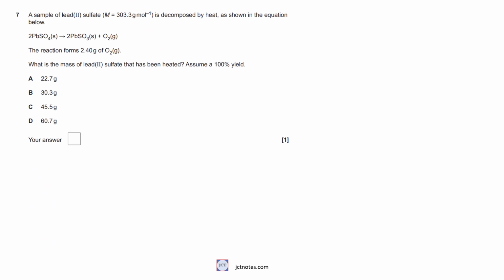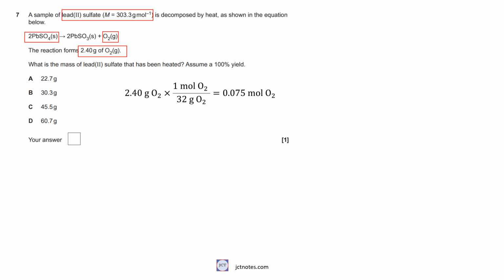In question 7, a sample of lead sulfate is decomposed by heat to form lead sulfite and 2.4 grams of oxygen. We are given the equation and the molecular mass of the lead sulfate. With the molecular mass of the oxygen, we can find that 2.4 grams of oxygen are 0.075 moles of oxygen.